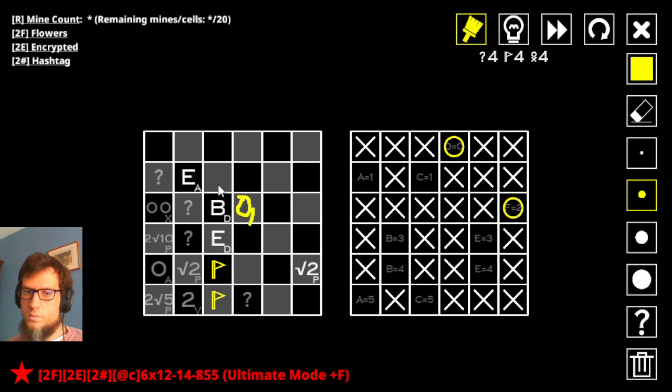But if it isn't, then you need 4 out of those 5, which you cannot have these 4 together, so that kills one of them. Okay, so you could do something like this, but that would make both of them 4, which is not allowed either. So if B is 4, that has to be a mine.